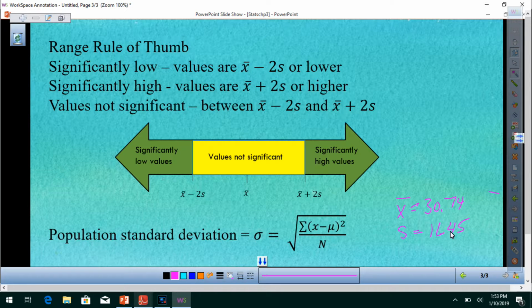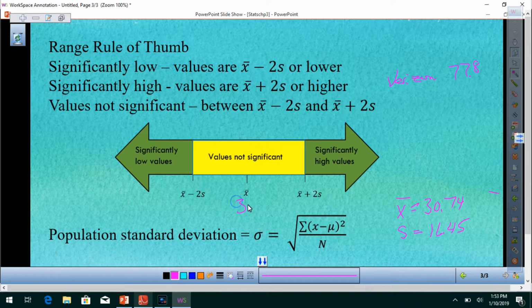Now, we'll say Verizon has come out and said, hey, we now have one that runs at 77.8. Is that significantly high or significantly low, and can we tell? Using statistics, we can.